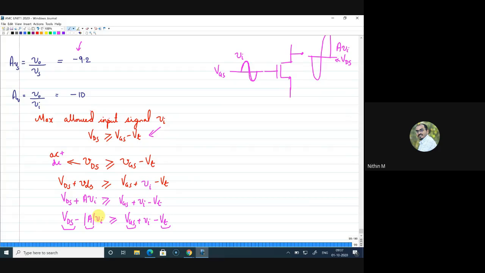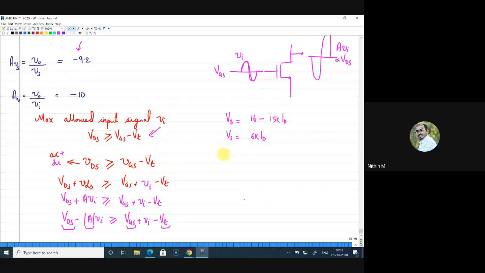So how to get VDS? To get VDS, so to get VD you have to write it as 16 minus the current value, 16 minus 5K into ID by considering ID in milliamps, and VS will be equal to 6K into ID.